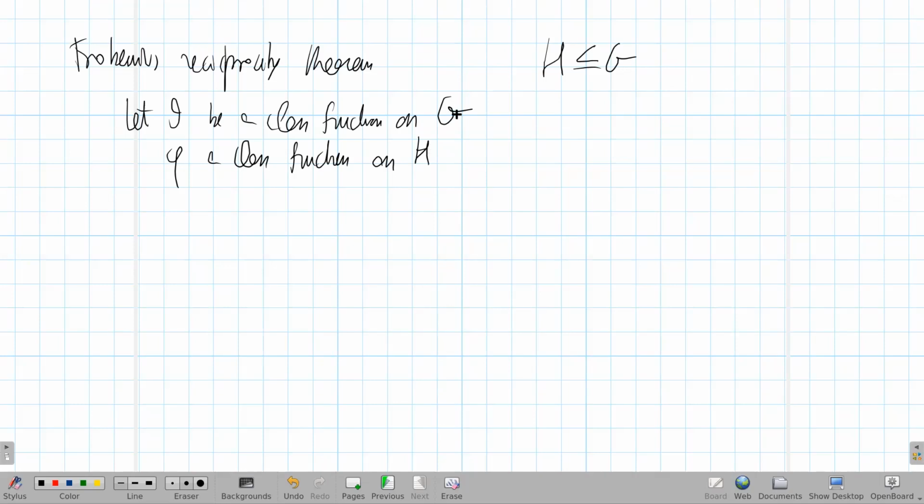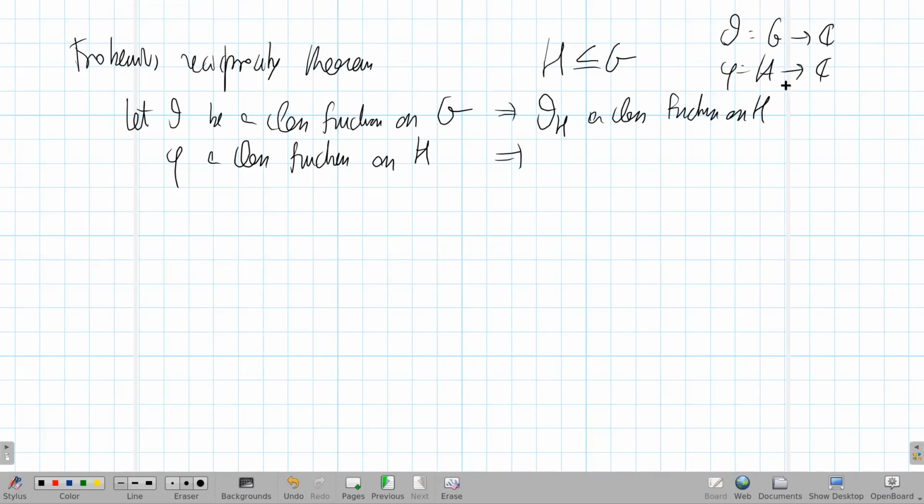If we have a class function on G, then we can consider the restriction theta H, which is a class function on H. And if phi is a class function on H, meaning that theta is a function from G to the complex numbers, and phi is a function from H to the complex numbers, in particular characters, then phi to the G, the induced class function, is a class function on G. So we have four class functions, and we can consider the two inner products.